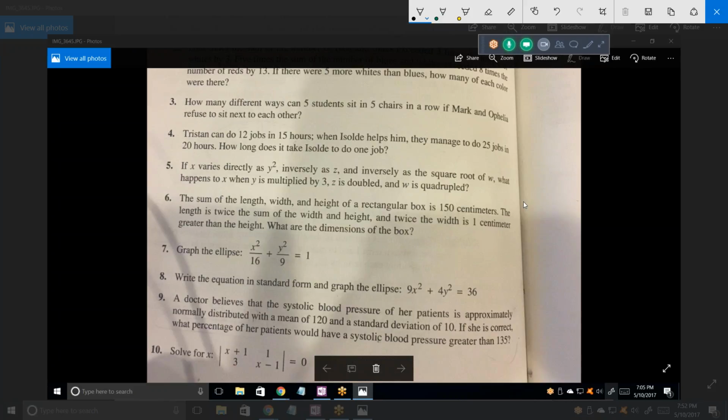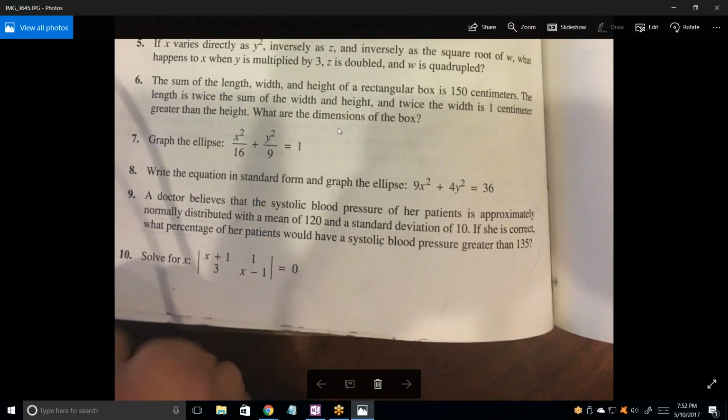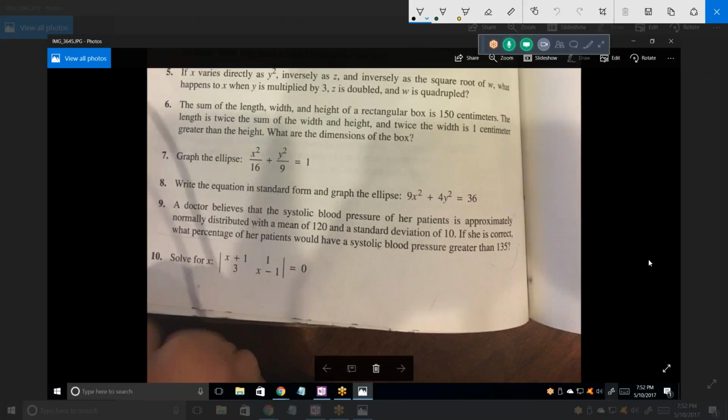Number 9. Okay. Let me raise that up a little bit. Okay. So help me label this normal distribution.